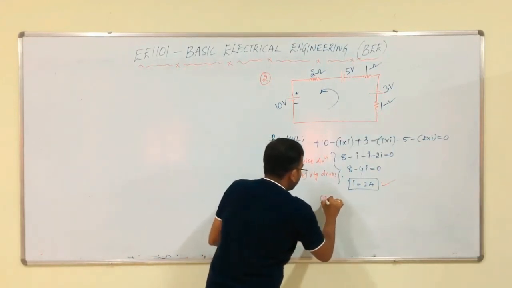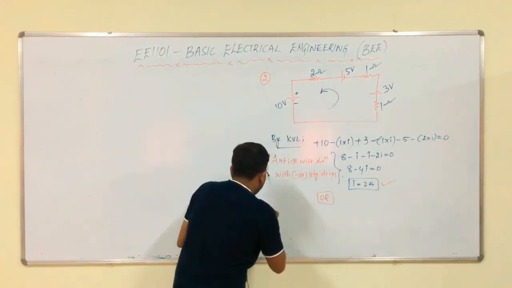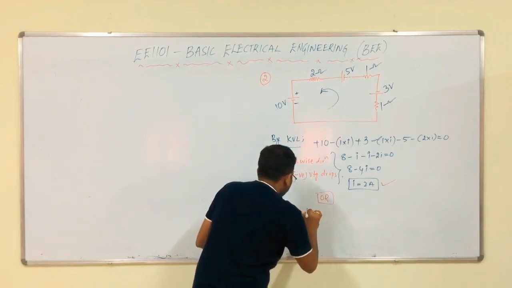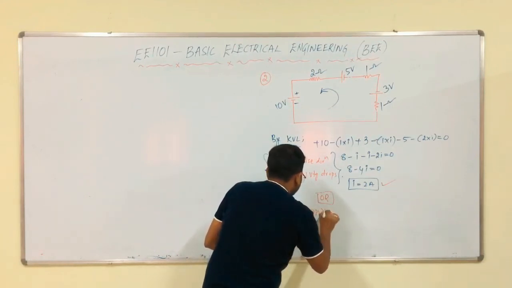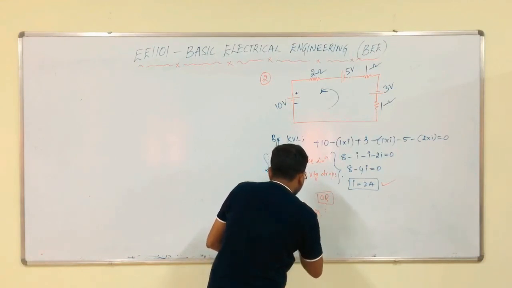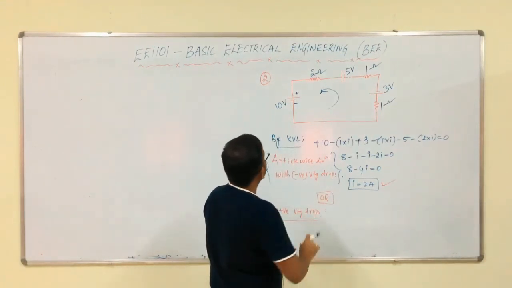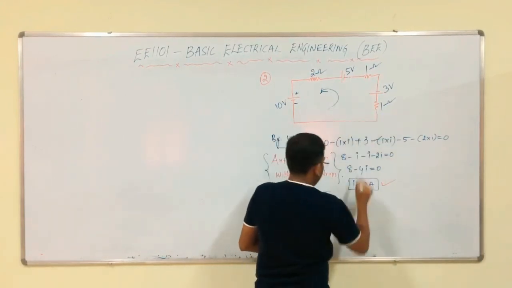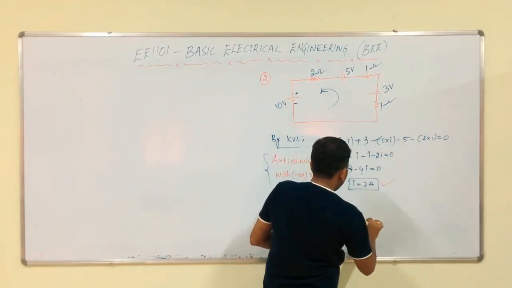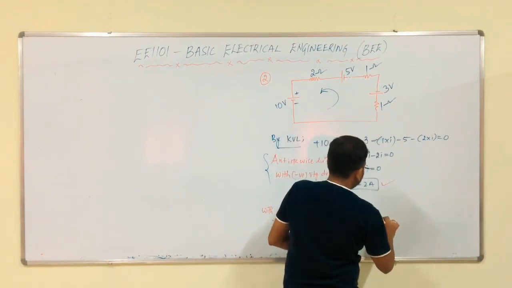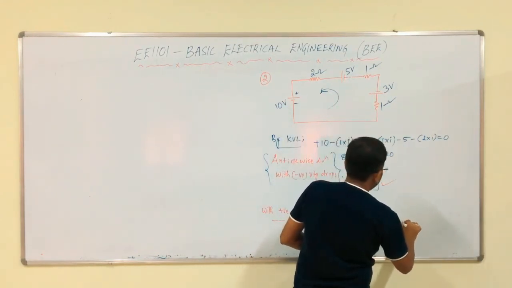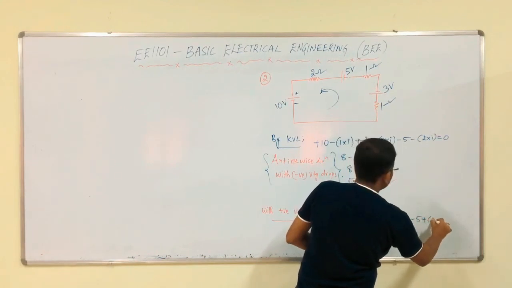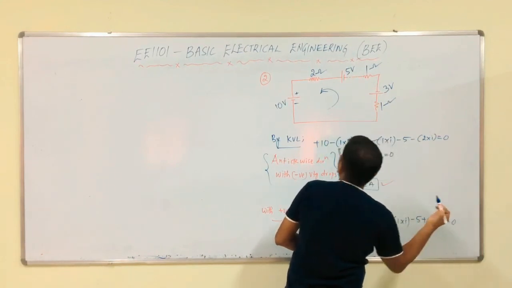We have to check with positive voltage drops, that is, starting from here, plus 10 plus 1 into I plus 3 plus 1 into I minus 5 plus 2 into I is equal to 0.